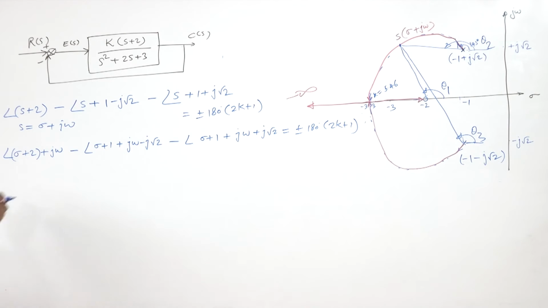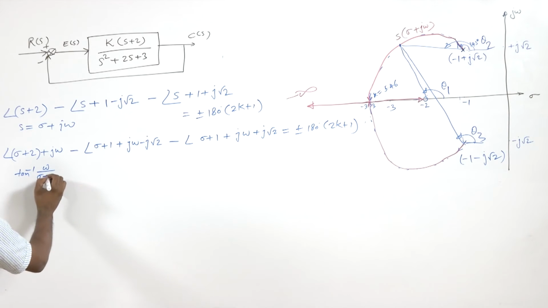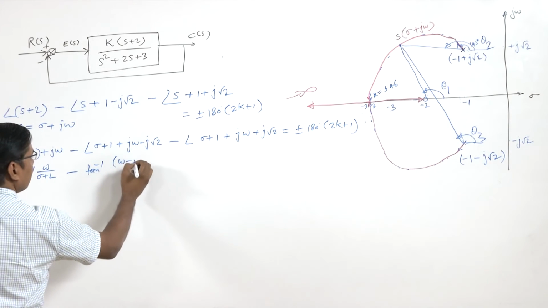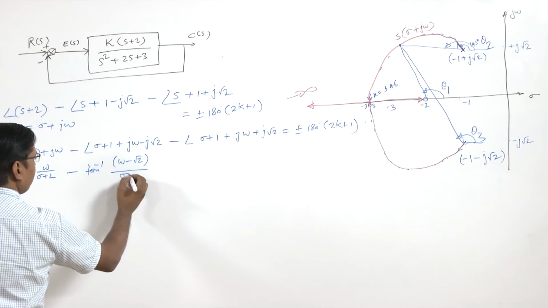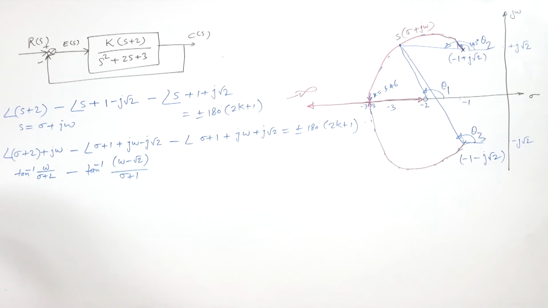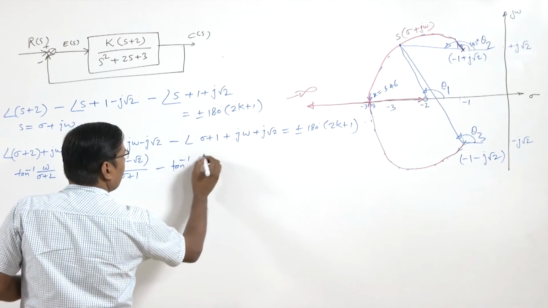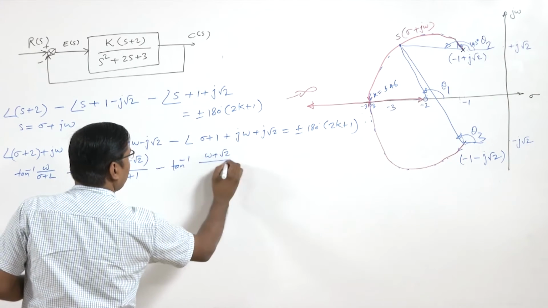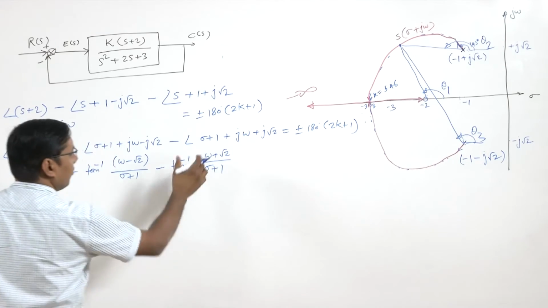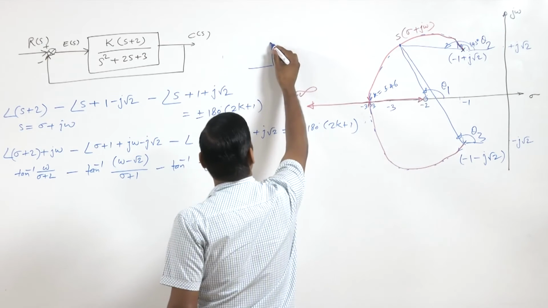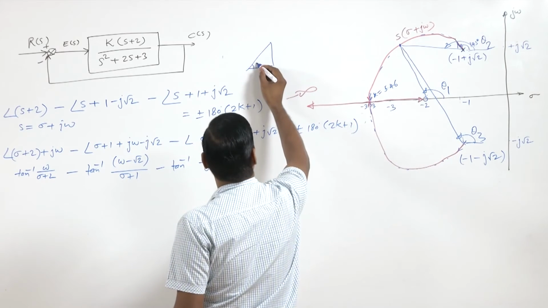So we can find this angle: tan inverse of omega by sigma plus 2, minus tan inverse of omega minus root 2 by sigma plus 1, minus tan inverse of omega plus root 2 by sigma plus 1, because these are the real part and imaginary part, and this is tan theta.